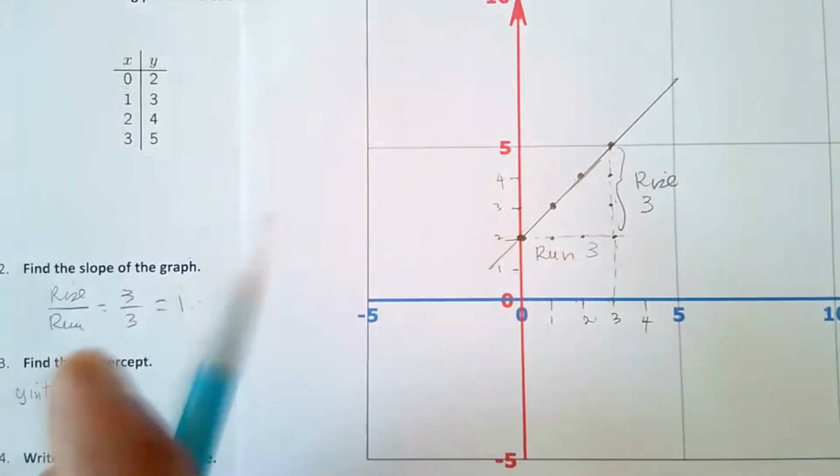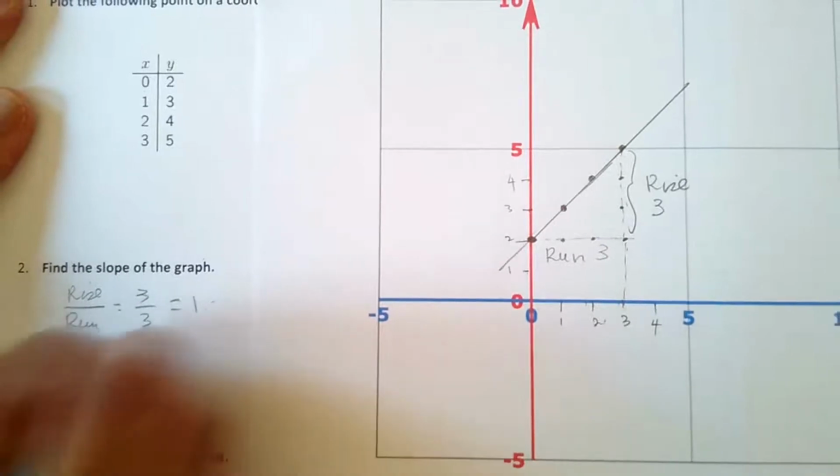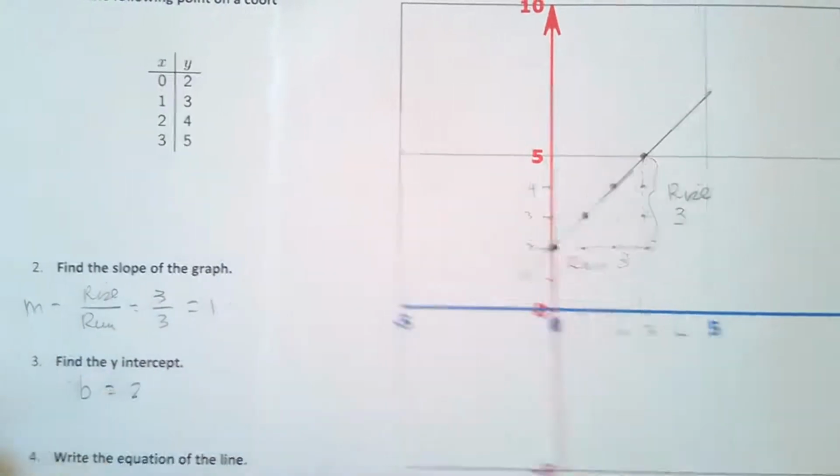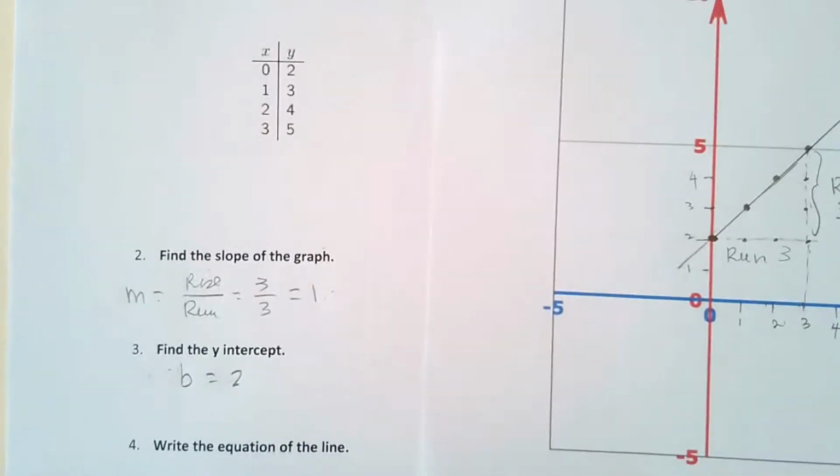So let's look at this. We can say b is equal to 2 and m is equal to 1.